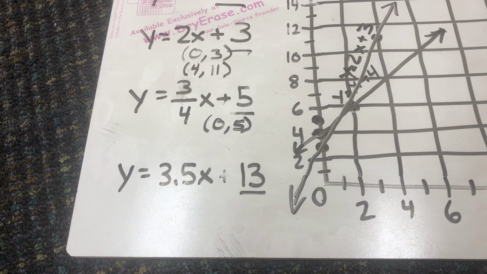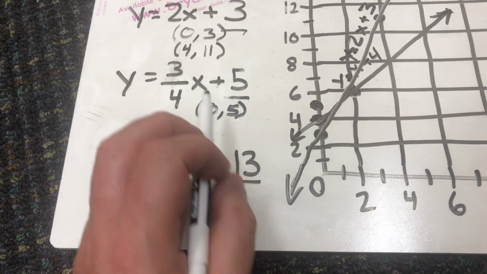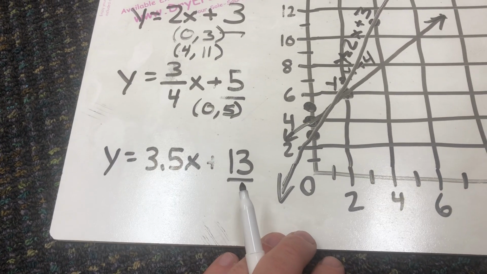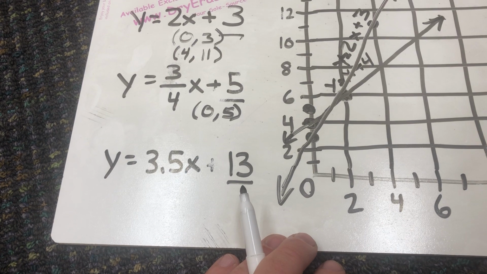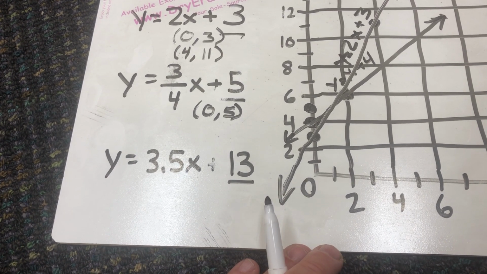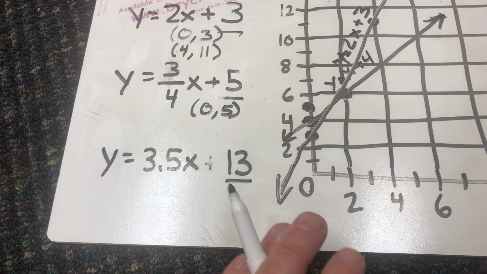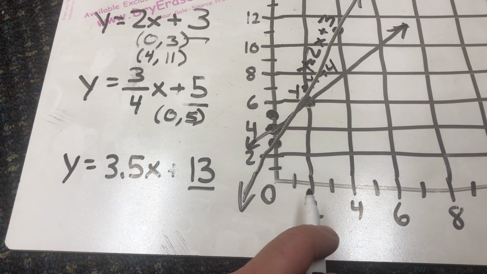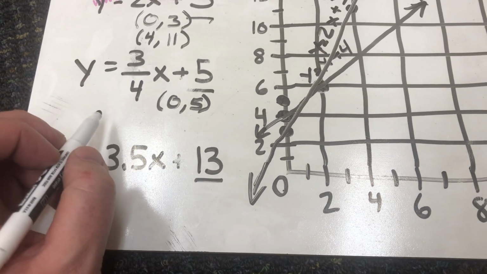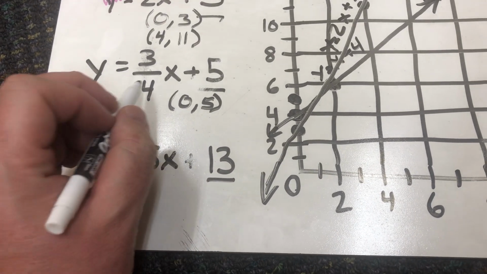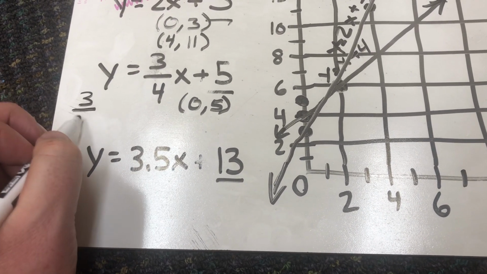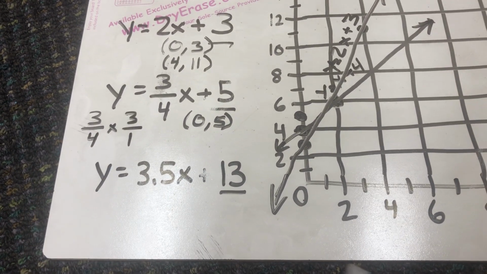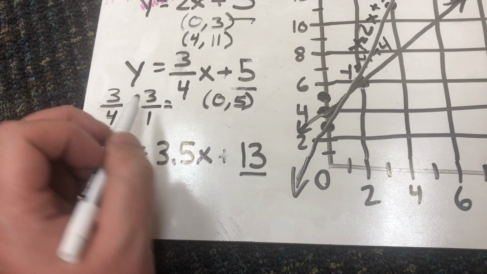Okay, now when I have 0, 5, I'm going to think, I want to plug in a different number. Well, just for space on the graph purposes, let's try x being 3. So I'm going to go 3/4 times 3, which is 3/4 times 3 over 1. Well, there's no cross-checking.